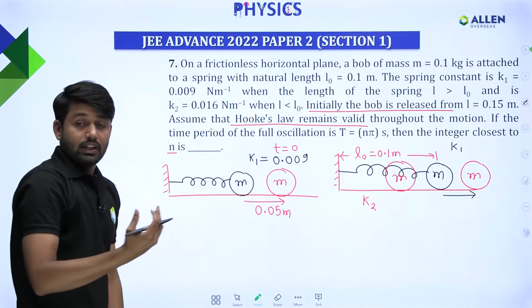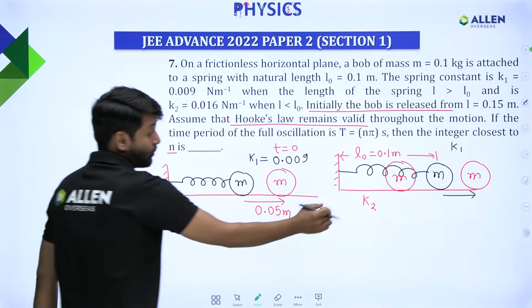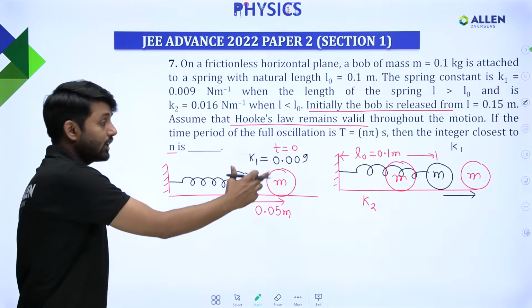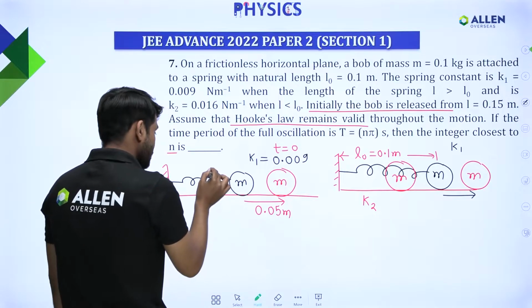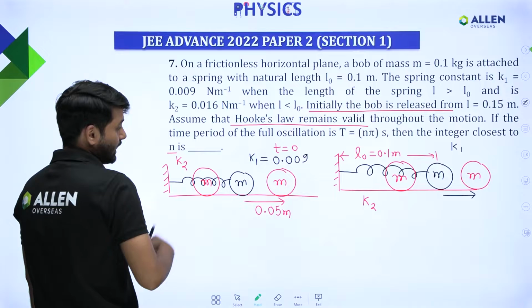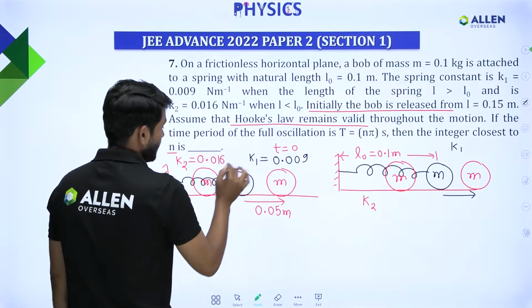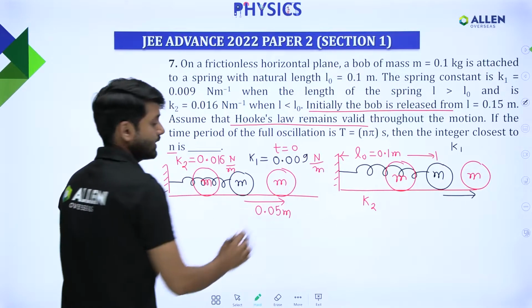In that time the amplitude is different, because at the time of compression the spring constant has changed. It is not K1, it is now K2, and K2 is given as 0.016 Newton per meter.